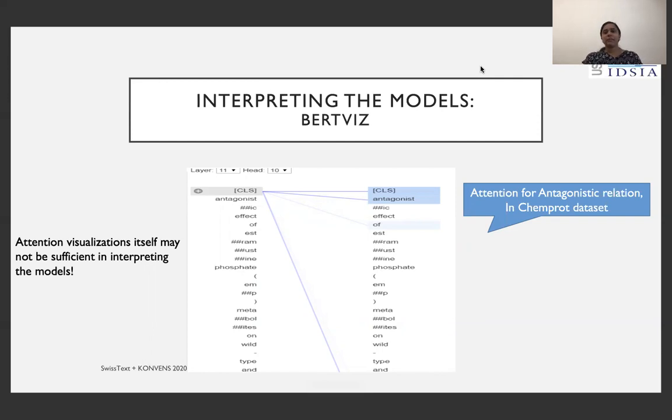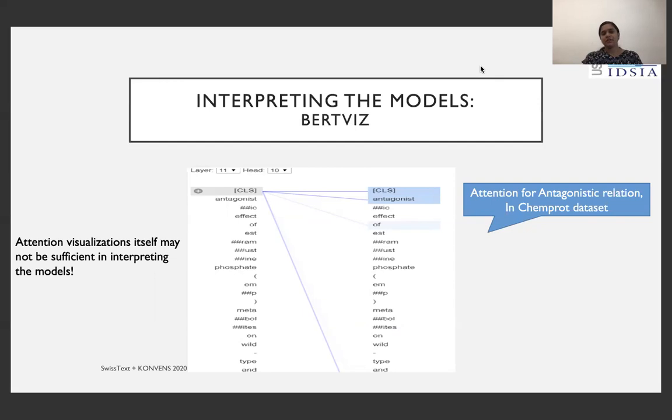Here, an example from the ChemProt dataset for an antagonist relation is given. So we are visualizing the last layer, head 10. The focus is on the CLS token, because the final prediction is obtained by pooling the CLS token, and we could see that the focus is on the token antagonist, which provides some intuition about the prediction because this was a true positive example.